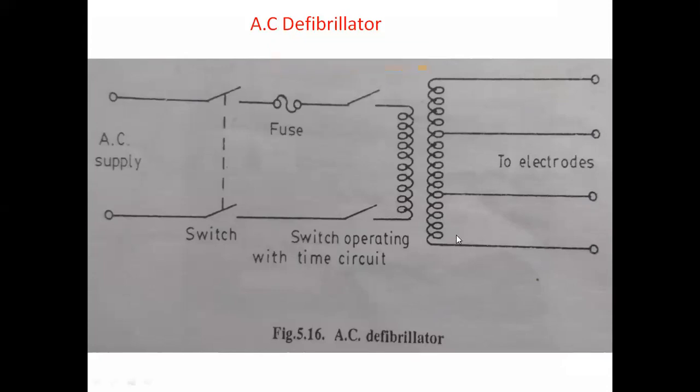If you apply too much voltage to the patient, it will cause damage to the heart and heart muscles and chest muscles. That's why the applied voltage is also very important. In some hospitals they have a chart: how much time we have to apply the pulse, and how much voltage is to be applied for that period.